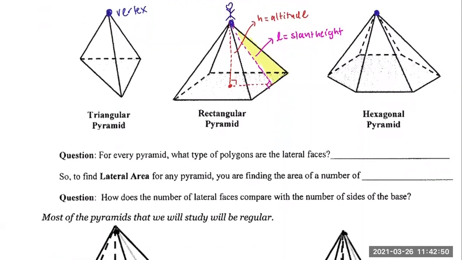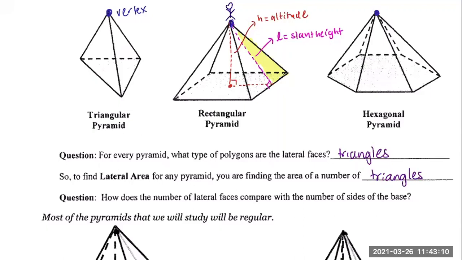For every pyramid, what type of polygon were the lateral faces? We actually answered all these questions already. The lateral faces were triangles. If we think about how to find lateral area, you're finding the area of all of the triangles together, so a number of triangles.